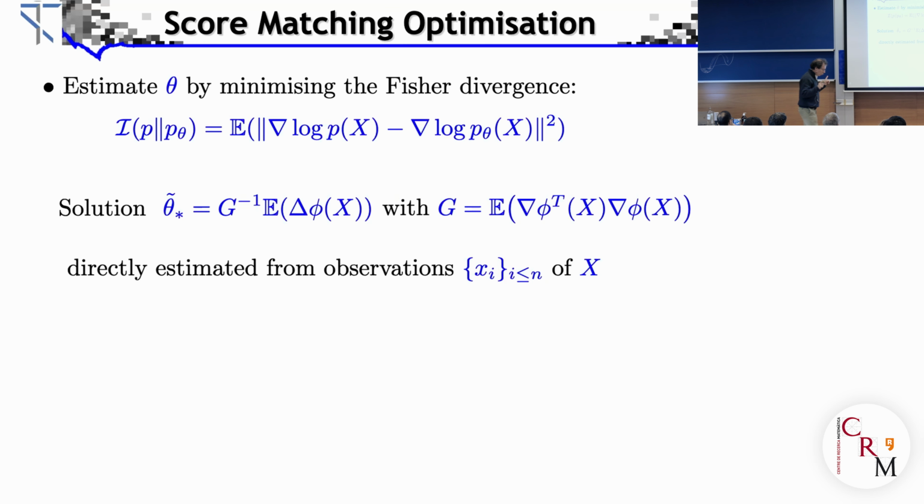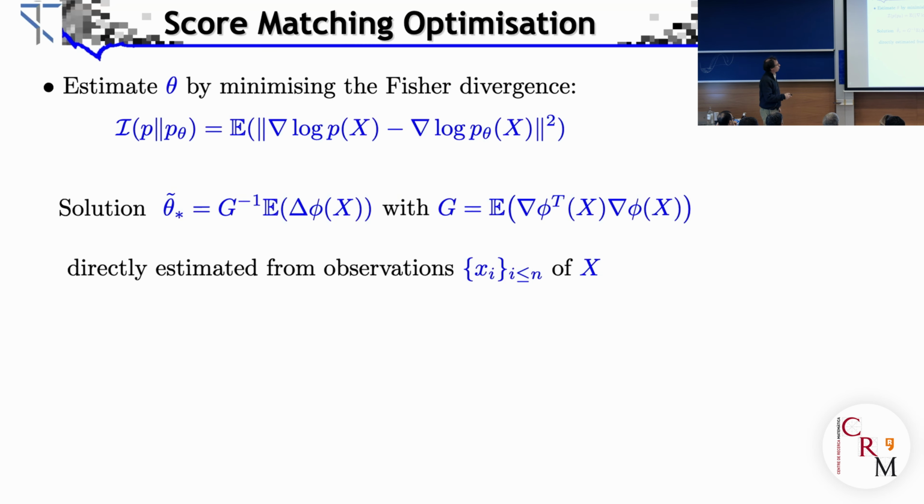Now, there is one way you can cut the calculation a little bit, by avoiding computing the parameter theta iteratively. That's an idea that was introduced in the early 2000s. The idea is to replace the Kullback-Leibler divergence by a Fisher divergence.